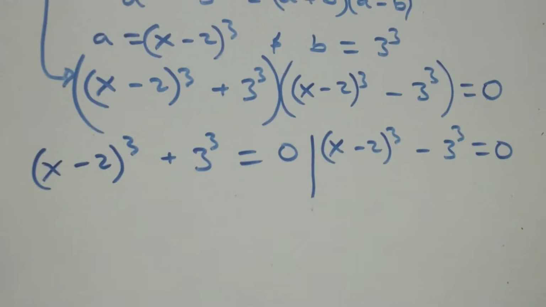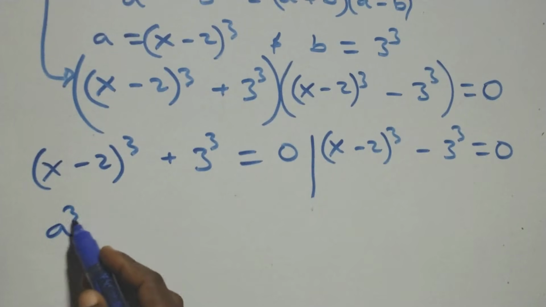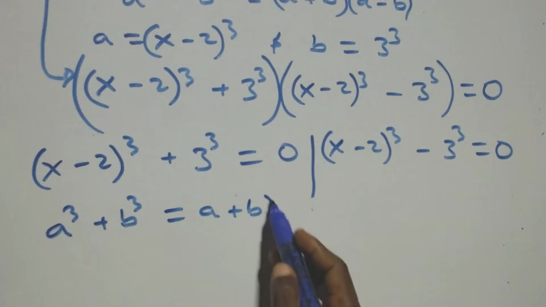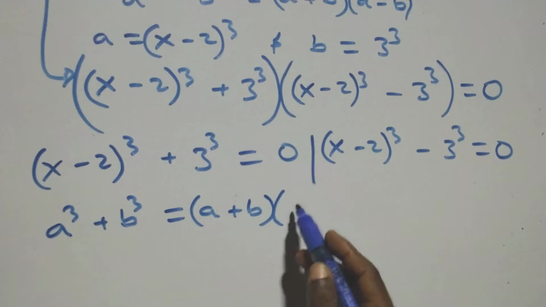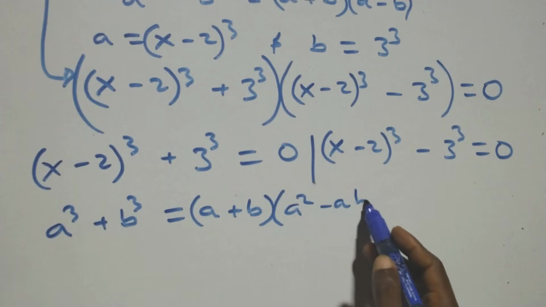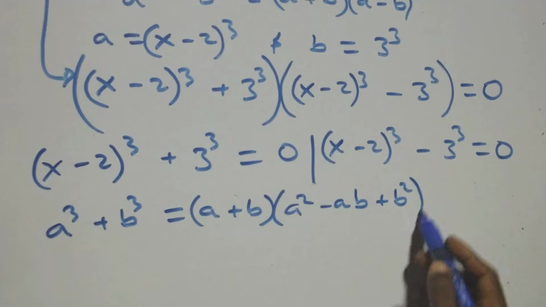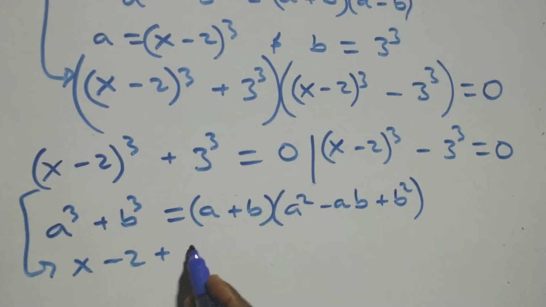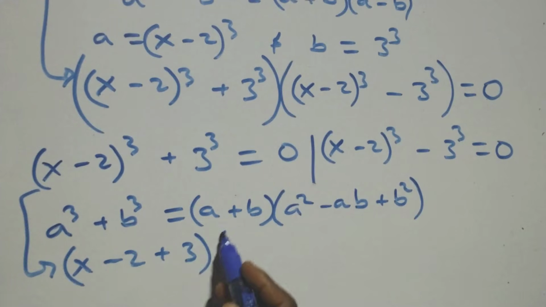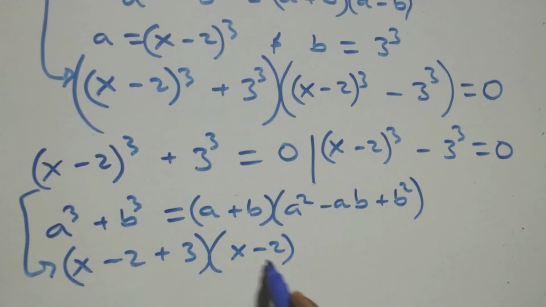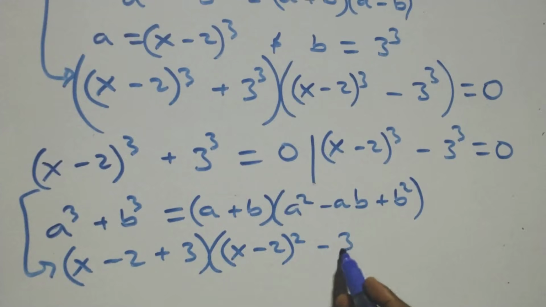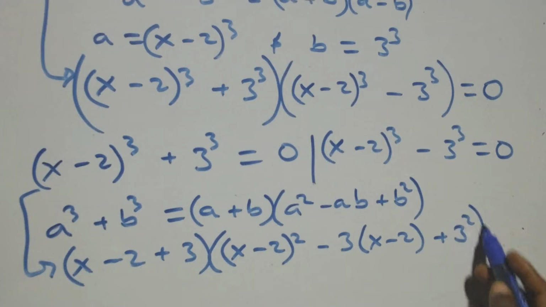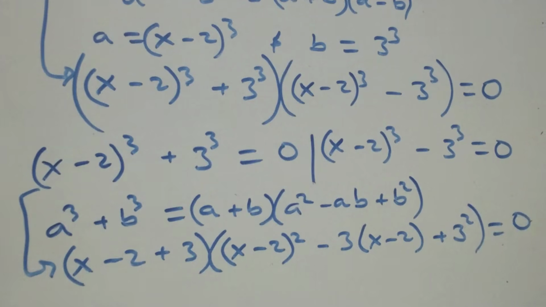Then, solving the first case, we have a raised to power 3 plus b raised to power 3, the same thing as (a plus b) into (a square minus ab plus b square). What we have here becomes (x minus 2 plus 3) into ((x minus 2) all square minus 3 times (x minus 2) plus 3 square) equals 0.